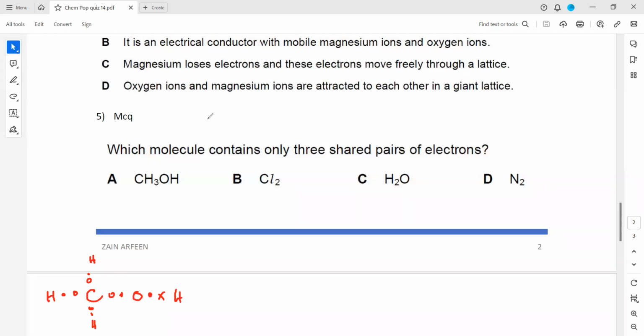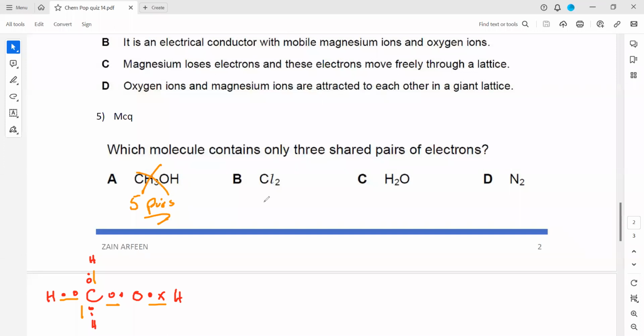So the question is, which molecule contain 3 shared pair of electrons? How many shared pair of electrons are there? 1 pair, second pair, third pair, fourth pair, and fifth pair. So this is having 5 pairs of electrons. So it cannot be A.